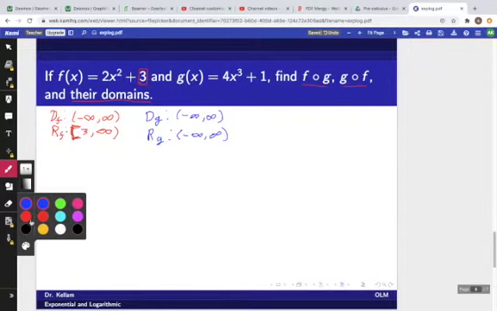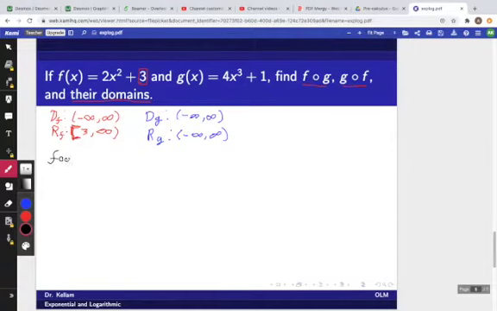Now, let's see what happens. First we're going to find f of g of x. We know that this value goes into this function, and then this answer, whatever it might be, goes into this function.